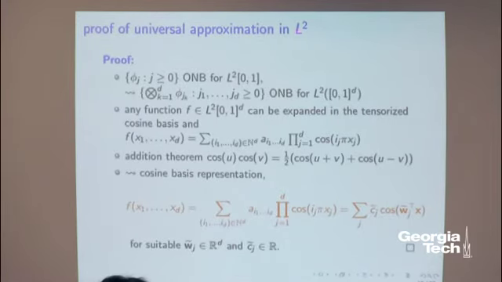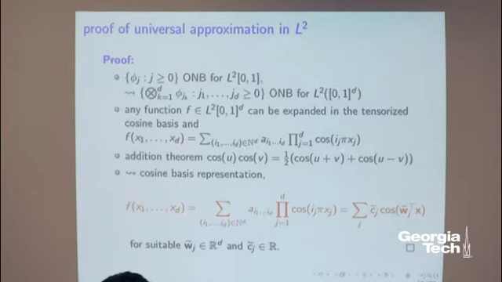So what you have to know is somehow if you have an orthonormal basis for L2[0,1], say the cosine basis, then you can generate an orthonormal basis for L2 of [0,1]^d by tensorization of the basis. Okay. And so suppose we take the cosine basis, and now we expand the L2 function with respect to this cosine basis. Then, if we write it out, it has this form.